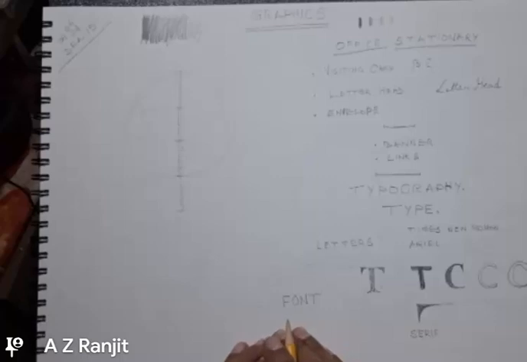So every font is a style. What font are you going to use? So every style has been given a name, so that it's easy to even talk and say. Sometimes we can show, sometimes we don't. Some fonts are so close.